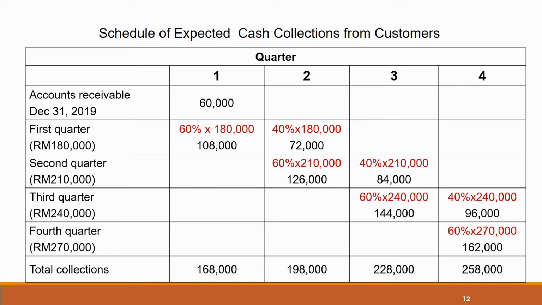The third quarter, 84,000 plus 144,000, then you get the amount 228,000. And the fourth quarter, 96,000 plus 162,000, then you will get 258,000. This amount you must record in the cash budget.